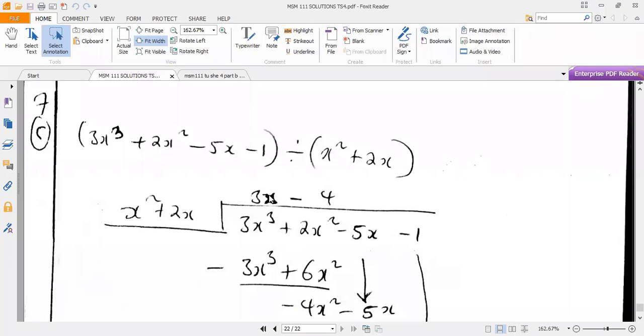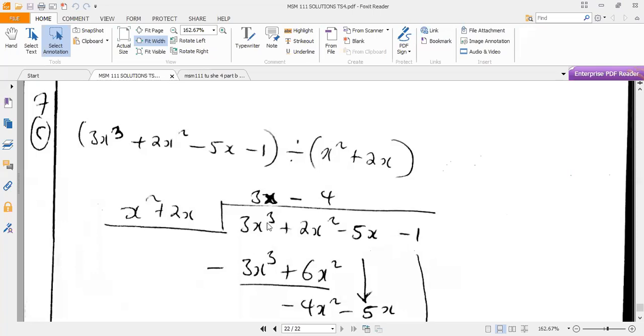Now 3x times x squared gives 3x to the power 3. Then we take 3x again times the 2x, don't forget the 2x there. 3x times 2x is 6x squared. Are we okay there? Hope we are.